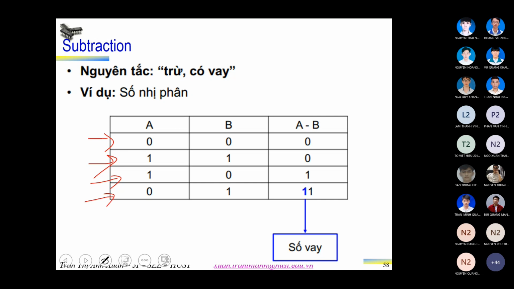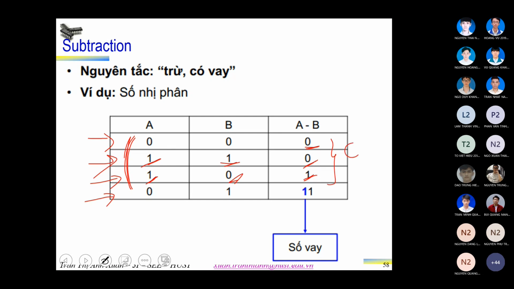In the first 3 situations, you can see here A minus B. That means 0 minus 0 is equal to 0, no borrow. 1 minus 1 is equal to 0, no borrow. And 1 minus 0 is equal to 1, no borrow.